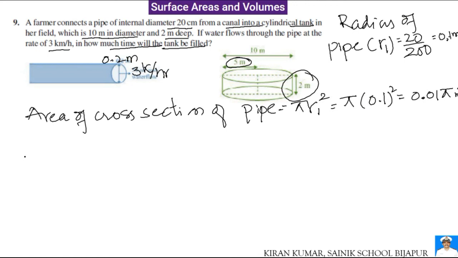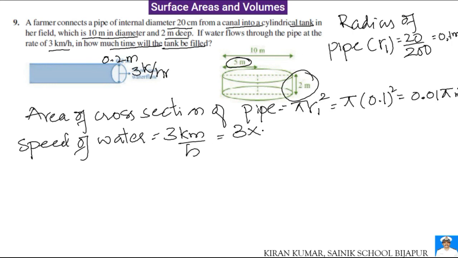Now the speed of the water is 3 kilometer per hour. Let me convert that in terms of meter per minute. So it has to be multiplied by 1000 divided by 60. It becomes 50 meter per minute.